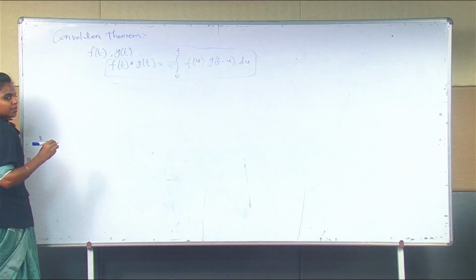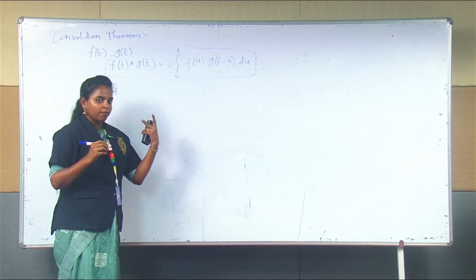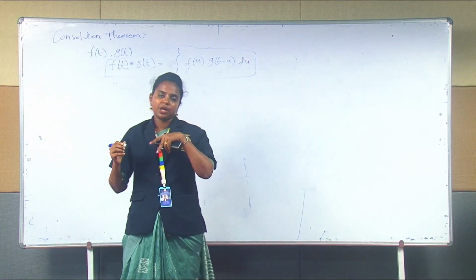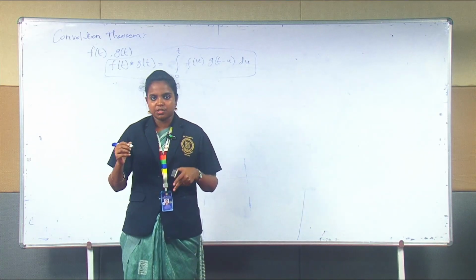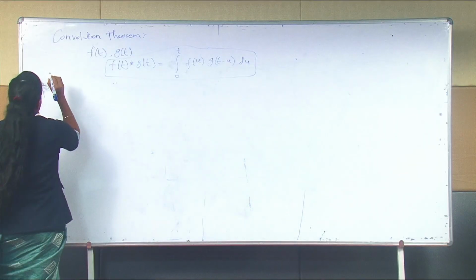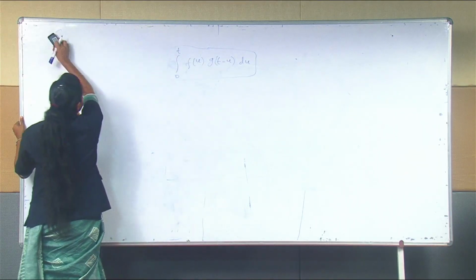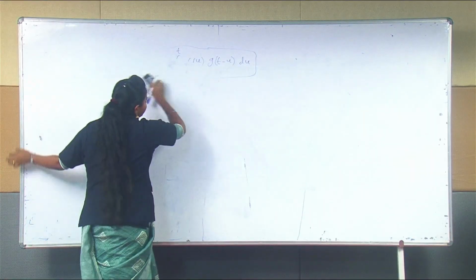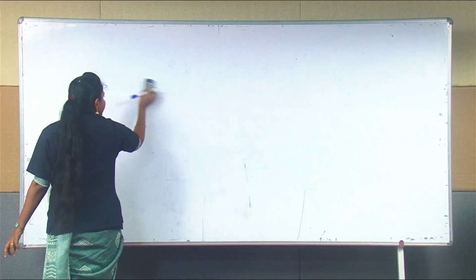Usually we will use Laplace transform formulas. Here, for the convolution theorem, we are going to find the inverse Laplace transformation, so we are going to use some basic formulas that you can find in engineering mathematics books also. You can go through those formulas.